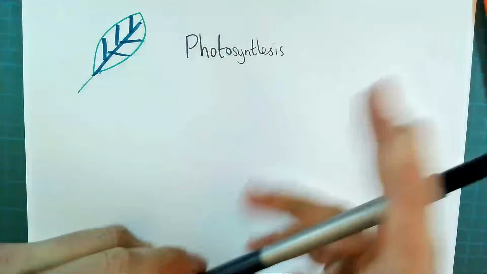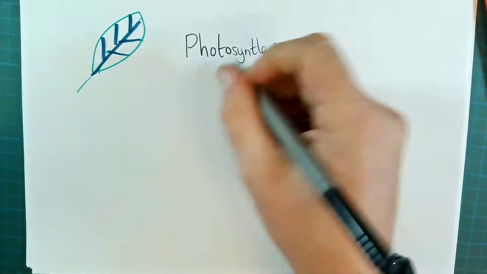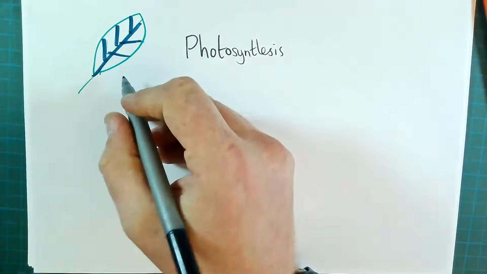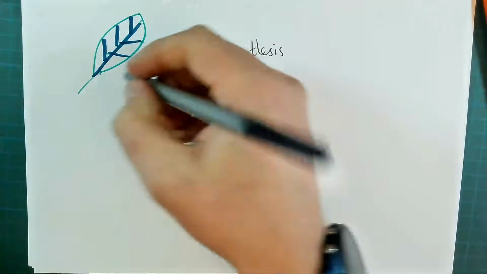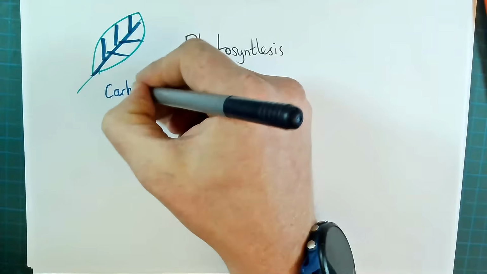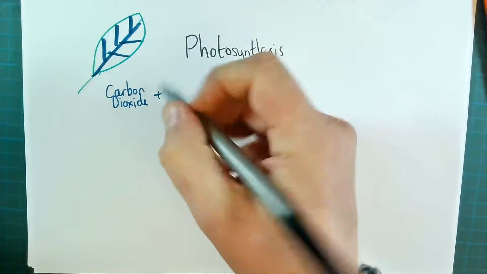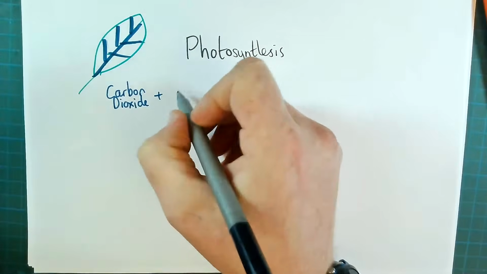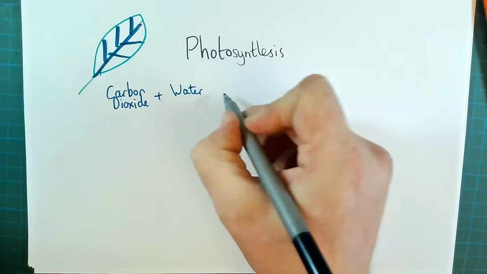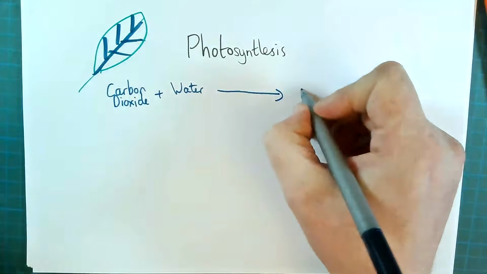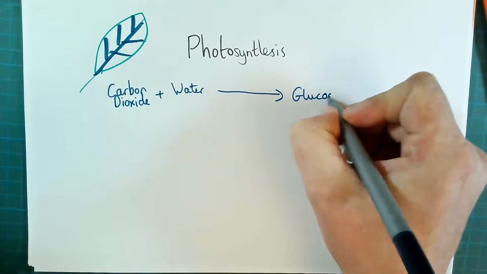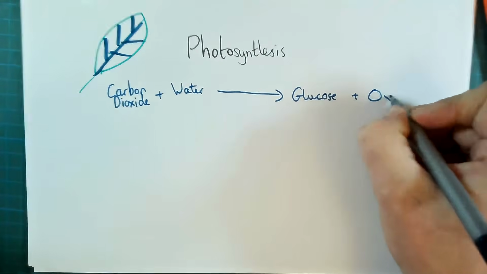Right. So what we do is the plant takes carbon dioxide from the air, and it takes water from the roots, and converts it into glucose and oxygen.